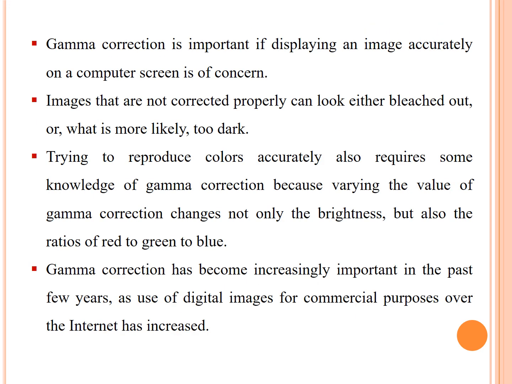Gamma correction is important if displaying an image accurately on a computer screen is of concern. Images that are not corrected properly can look either bleached out or too dark.